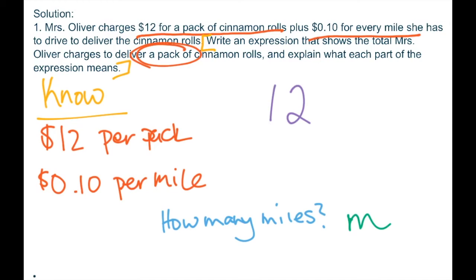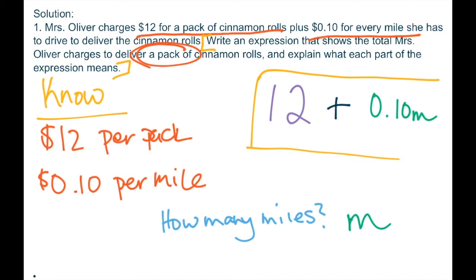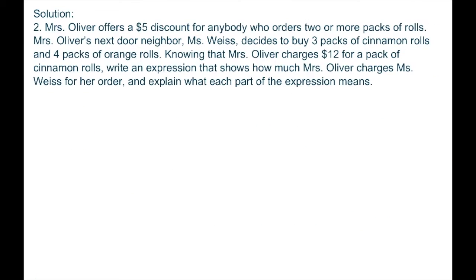So if it's 10 cents per mile, I'm going to take 10 cents and multiply it by the number of miles that I drove. Now, if I'm looking for the total of the cinnamon rolls and the delivery fee, I want to add these things together. And there's my expression. Let's go ahead and look at the next one.